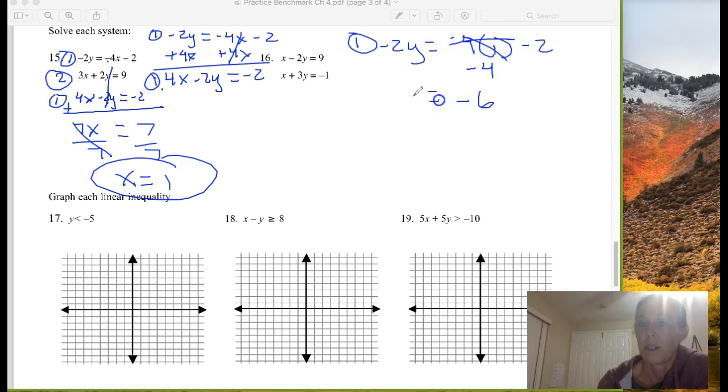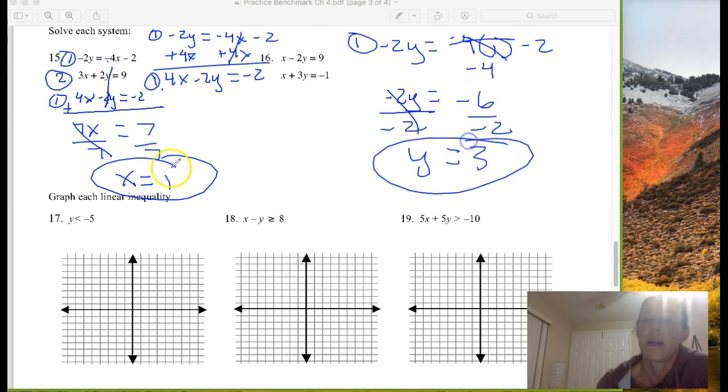So negative 6 equals negative 2y. Divide both sides by negative 2 to get y by itself. Y is negative 6 divided by negative 2, and a negative divided by a negative gives a positive. 6 divided by 2 is 3. Y is 3, x is 1. So you have the ordered pair (1, 3), and that is your solution.